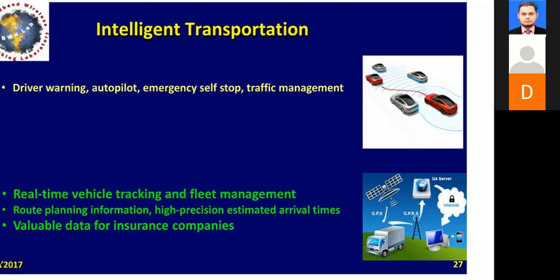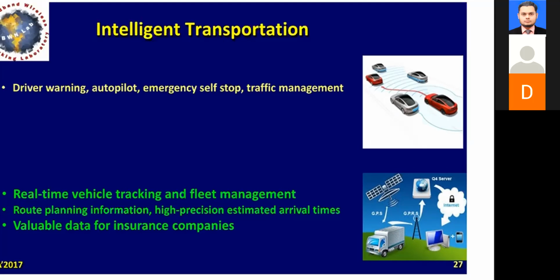If you look at this particular scenario, drivers may have warnings, emergency self-stop, and traffic management using the intelligent transportation system. You can also use IoT for real-time vehicle tracking and fleet management, fleet planning information, high-precision arrival times, and variable data for insurance companies.